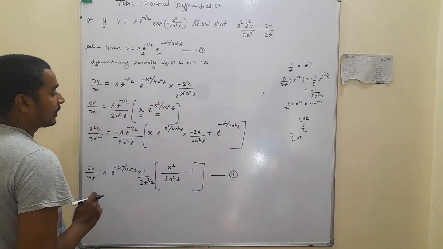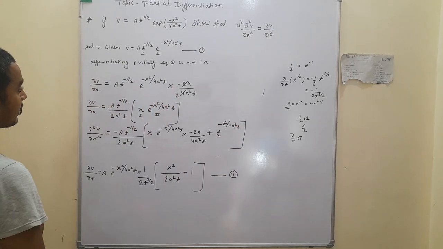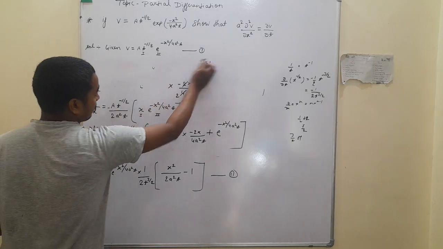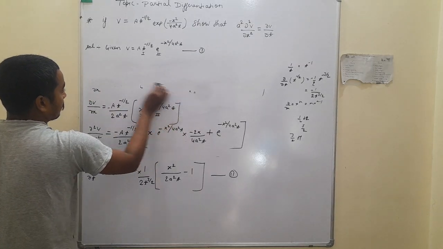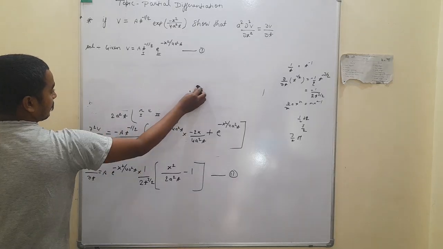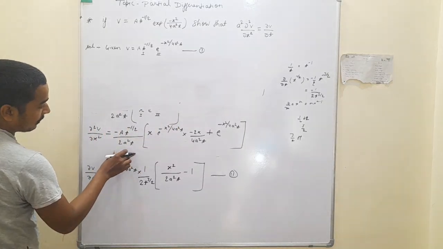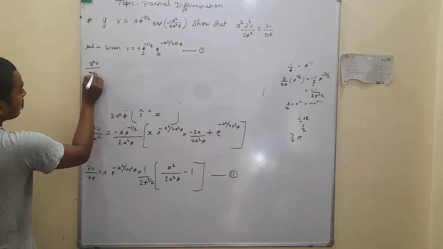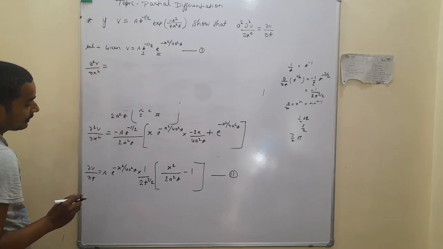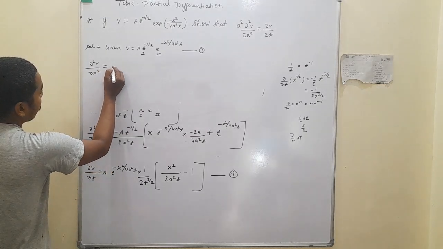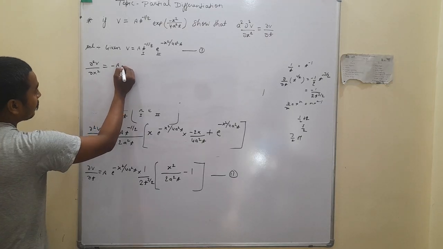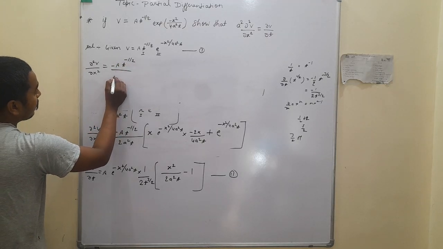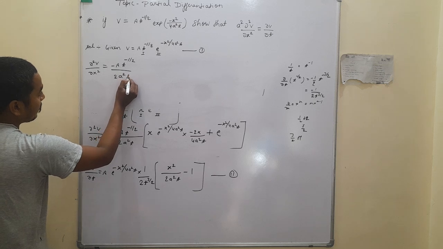And from here we can take common once again. We take common from del 2v upon del x square: minus of a into t to the power of minus 1 by 2 upon 2a square into t.